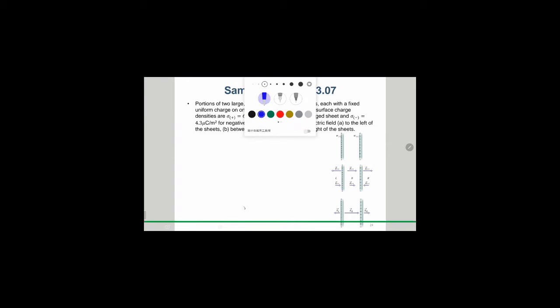Okay, so here is a sample problem. It says a portion of two large parallel plates, non-conducting sheets, each with a fixed uniform charge on one side.